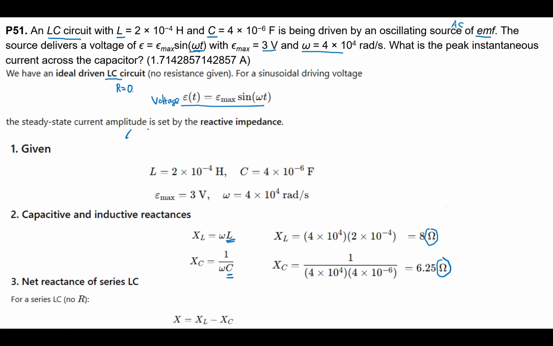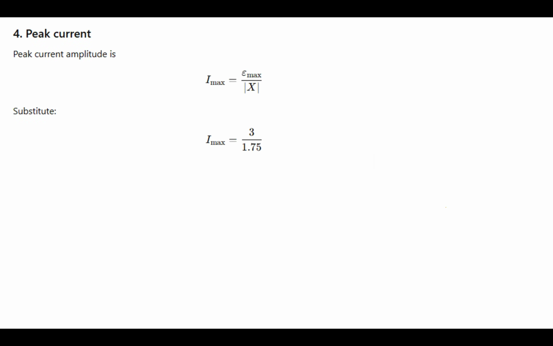And then the net reactance of a series LC is given by XL minus XC. That is the thing we need to consider. And then the peak current is given by Ohm's law in AC.